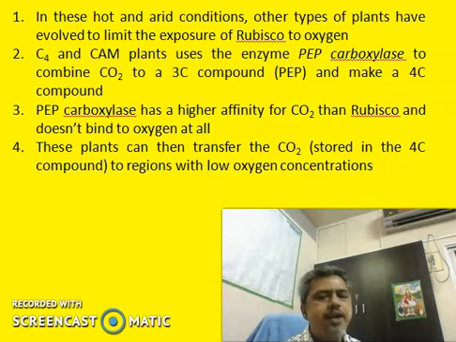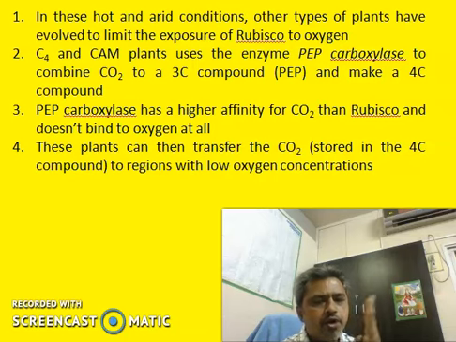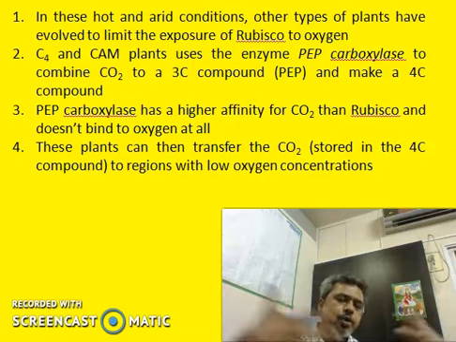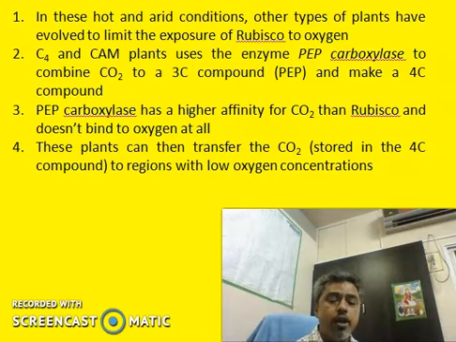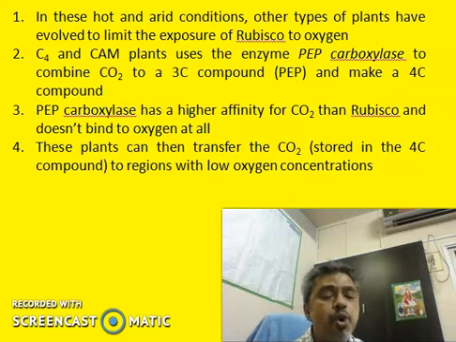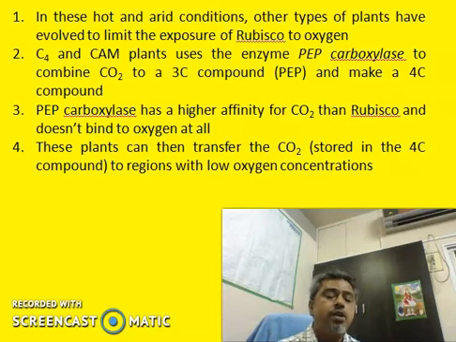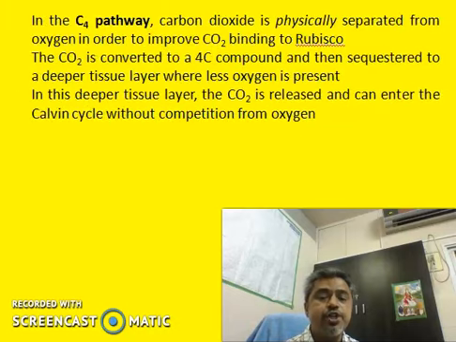C4 and CAM plants use the enzyme PEP carboxylase to combine CO2 to the 3-carbon compound PEP and make a 4-carbon compound. PEP carboxylase has a higher affinity for CO2 than Rubisco and doesn't bind to oxygen at all. These plants can then transfer the CO2 to regions with low oxygen concentrations.